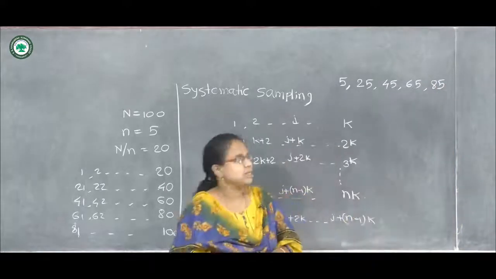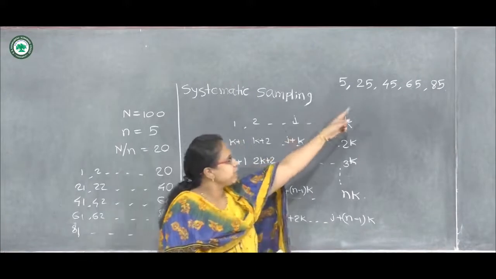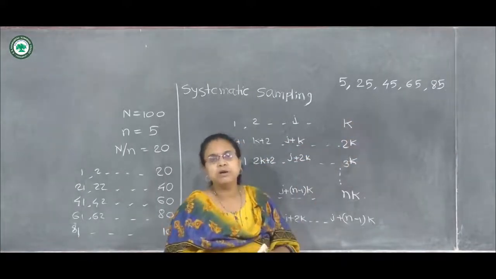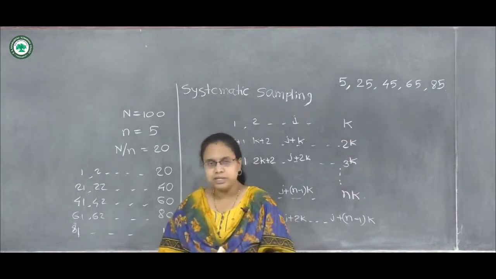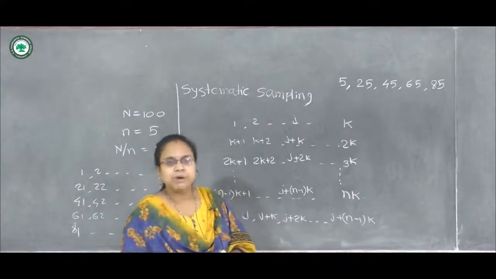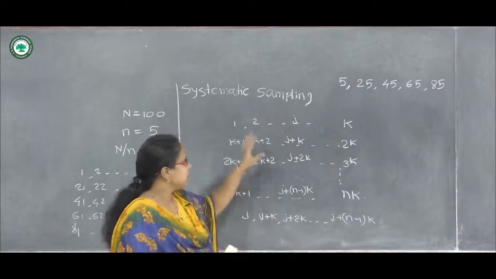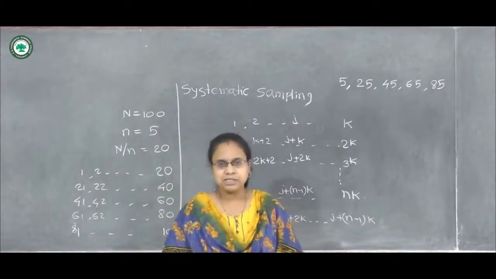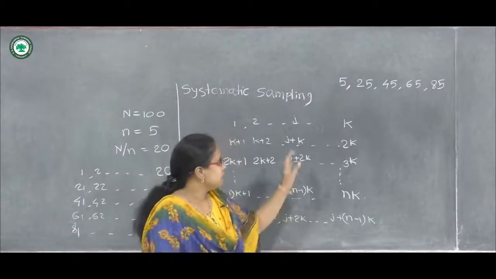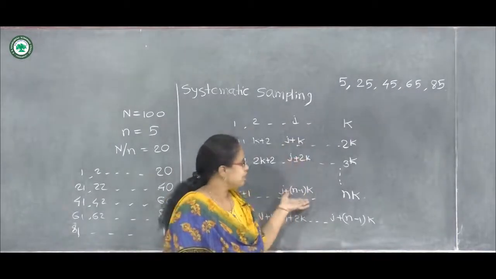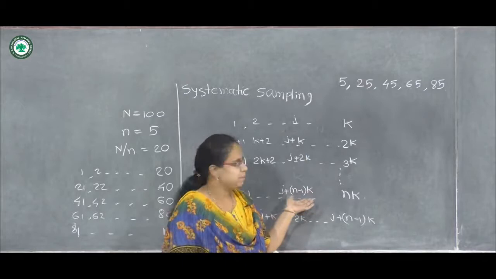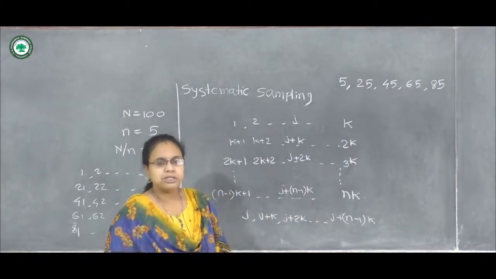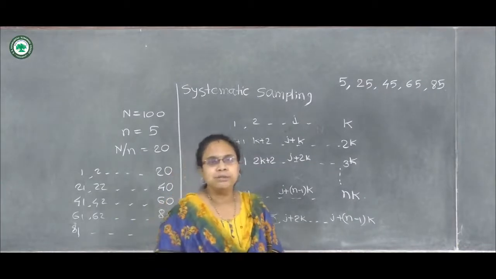So the numbers 5, 25, 45, 65 and 85. So this is my sample from 100 students. I have selected the 5 students by using this systematic sampling method. So basically this method tells us that you only select one number and the other units in the sample get automatically selected. So this is the systematic sampling method.